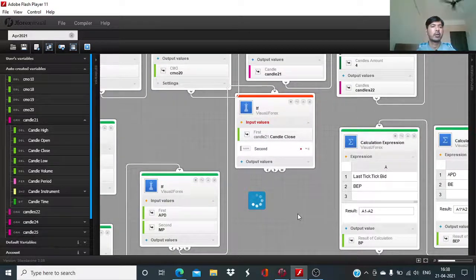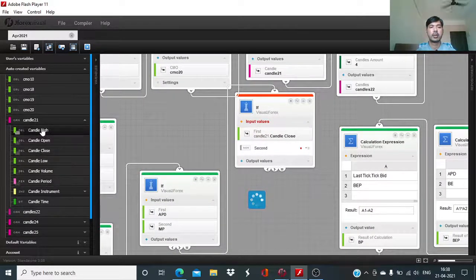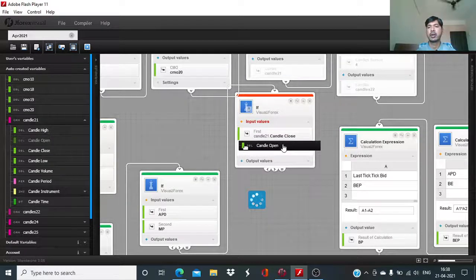Candle 21 close needs to be higher than candle 21 open.